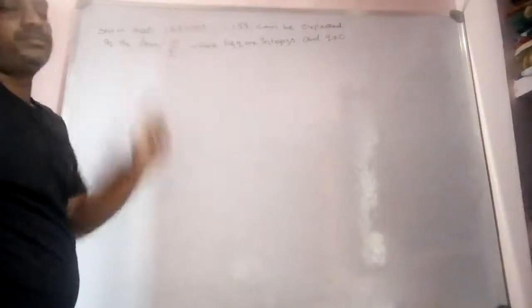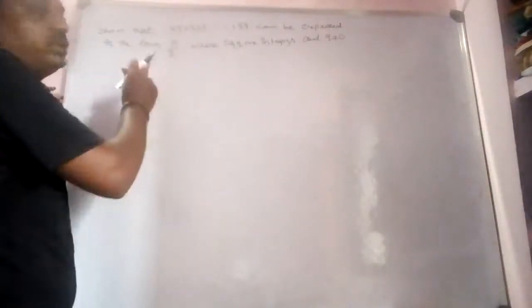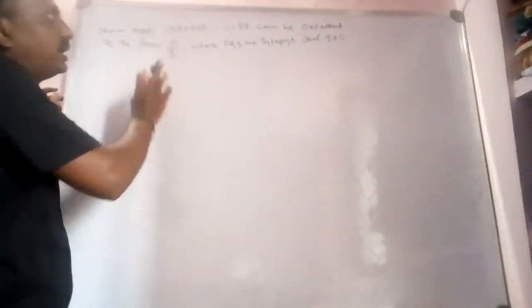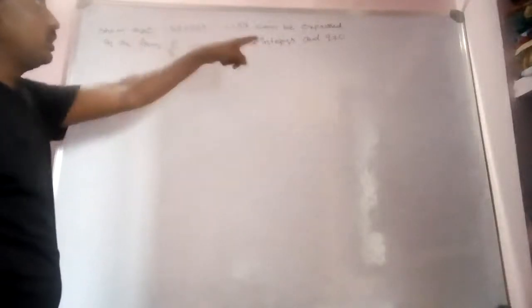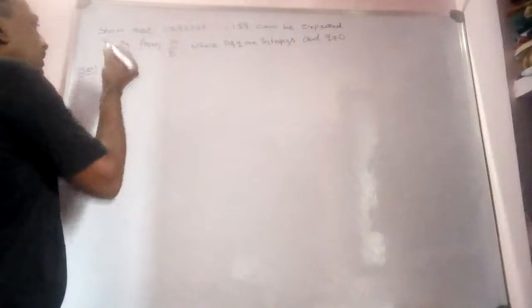This decimal expansion is a non-terminating recurring decimal, so it is a rational number. That rational number can be expressed in the form p by q. So how do we convert it? Check it.